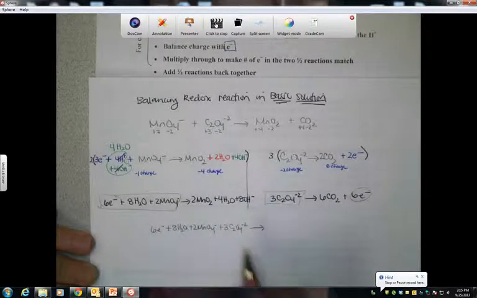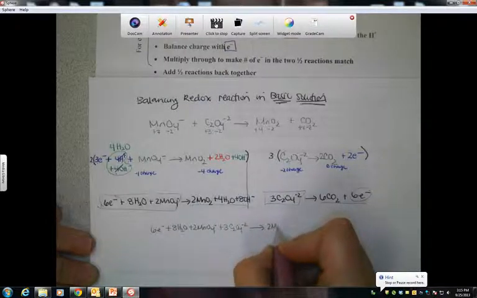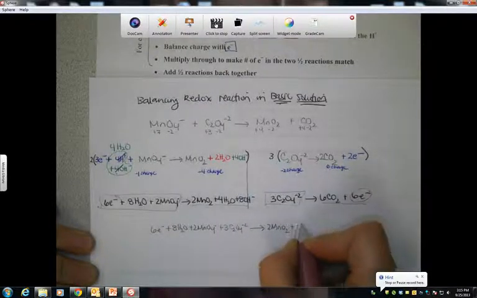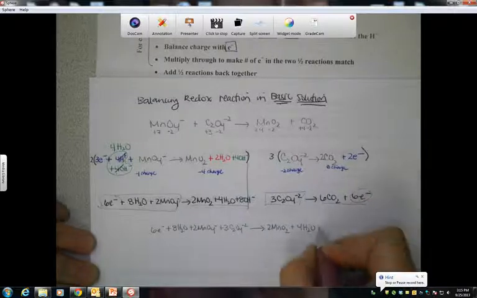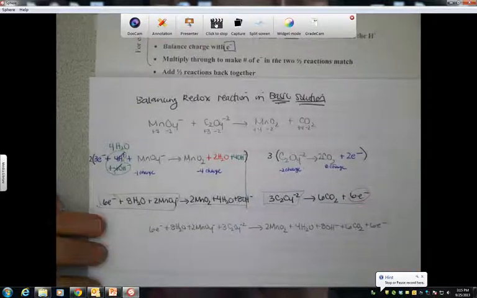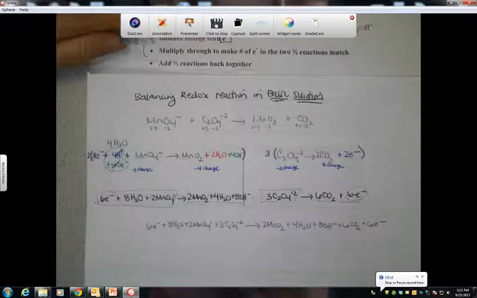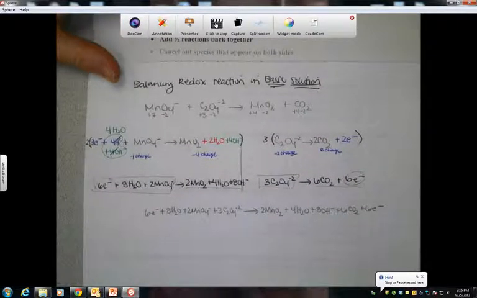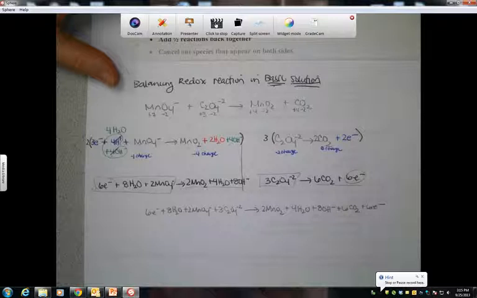And then we're going to add in our products on the other side: 2 MnO2 plus 4H2O plus 8 OH minus plus 6 CO2 plus 6 electrons. Okay, so there's our overall reaction. The last thing you're going to want to do is cancel out the species that appear on both sides.